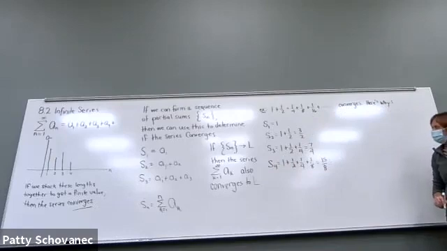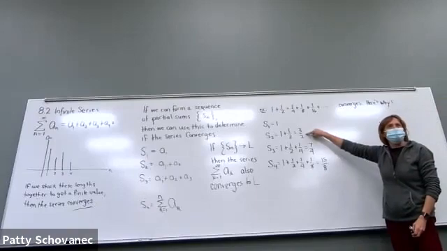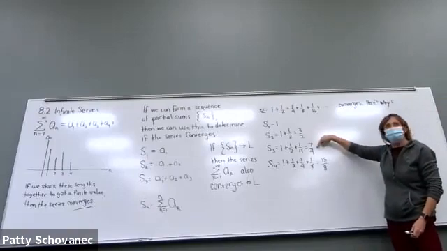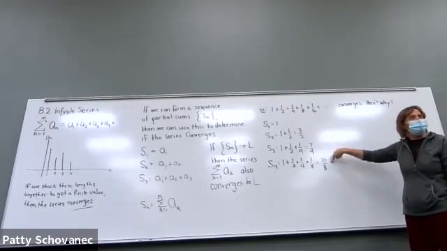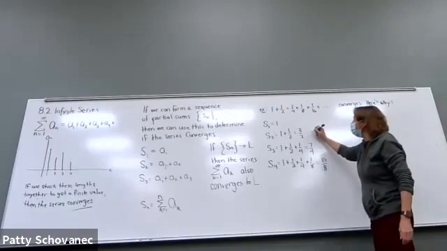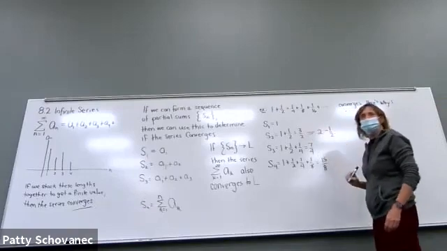What do you notice about the nearest integer to each of these partial sums? What's the nearest integer here? 2. They're all getting closer to 2, right? In fact, I can think of this 3/2 as 2 minus a half.